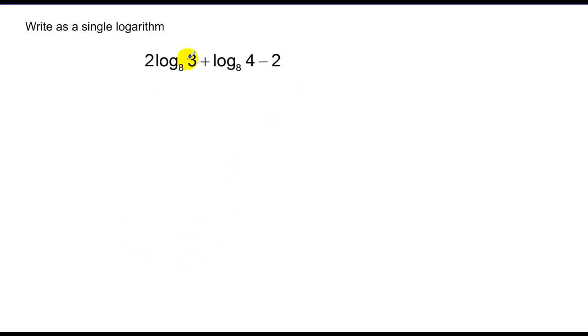Similarly, in this problem, there's that multiple. I have an addition, but in this case I have a regular number, and I want to express this as a single logarithm. So I want to have in the end log base 8 of a number. And what I'm going to have to do is change this number 2 into a log base 8 number.